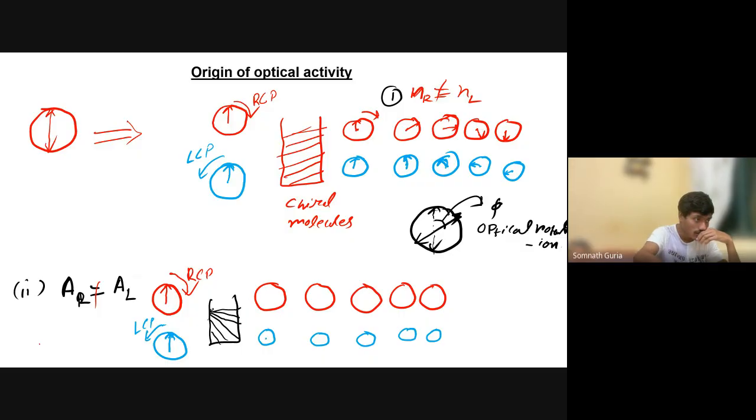Let's say all the speeds are the same. This will be right hand side, left hand.